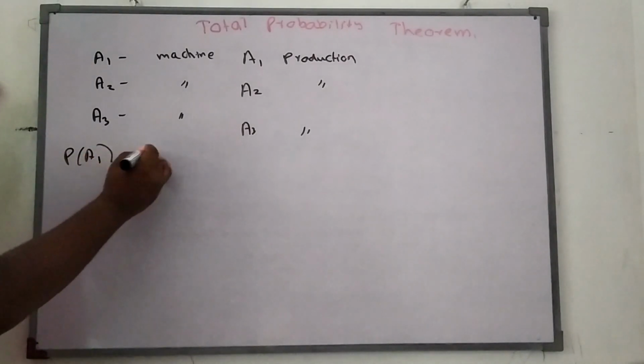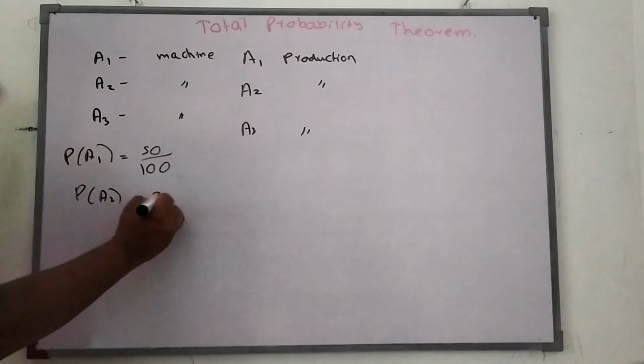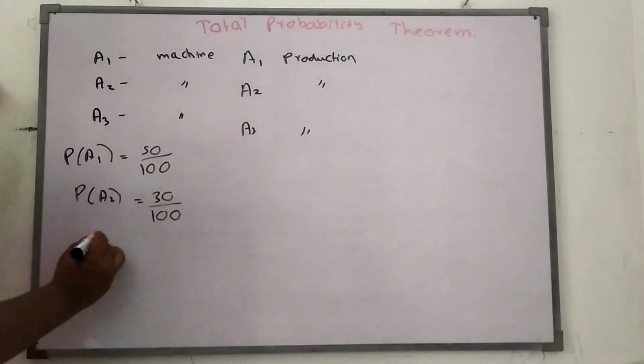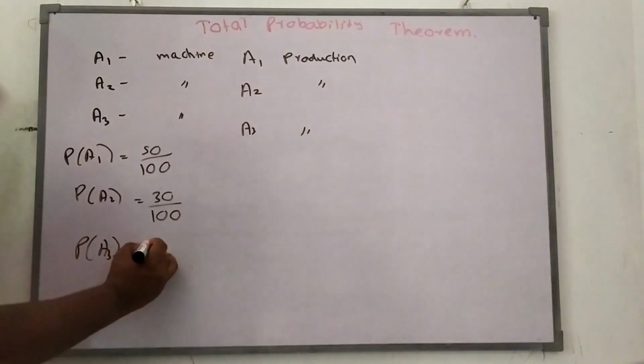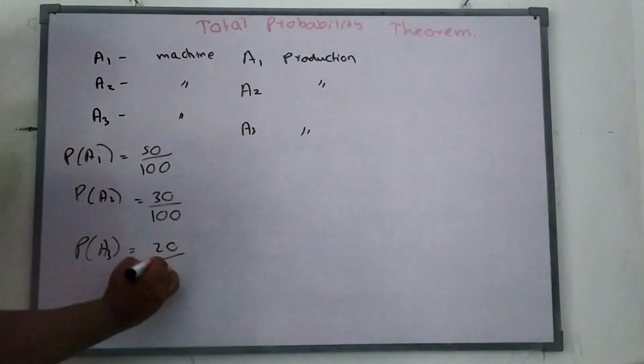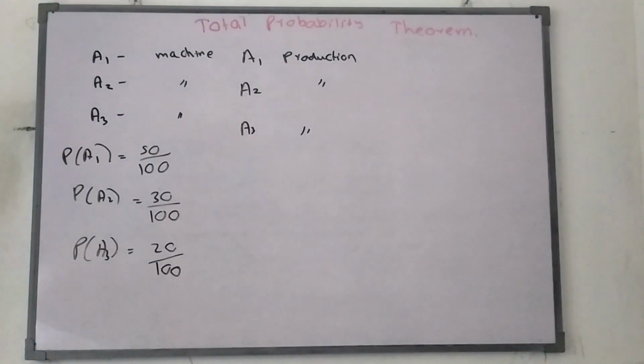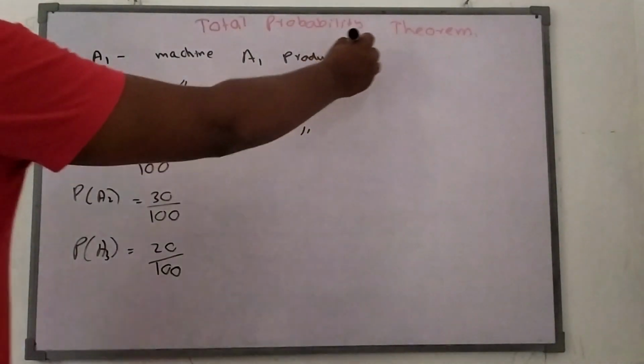P(A1) is 50%, P(A2) is 30%, P(A3), the rest, is 20%.